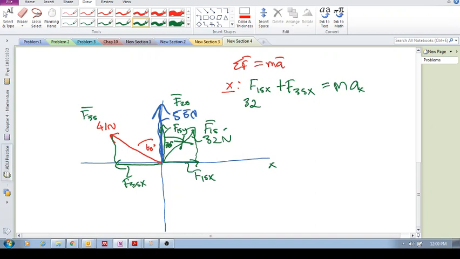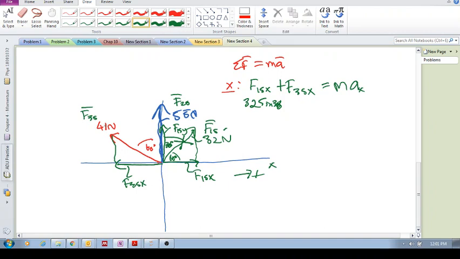Okay, so it's going to be sine 30, opposite over hypotenuse. Or if you wanted to make this 60, you could say cos 60. Okay, so this is 30. And then this is going to be in the negative direction. If we make this positive, that's in the negative direction.